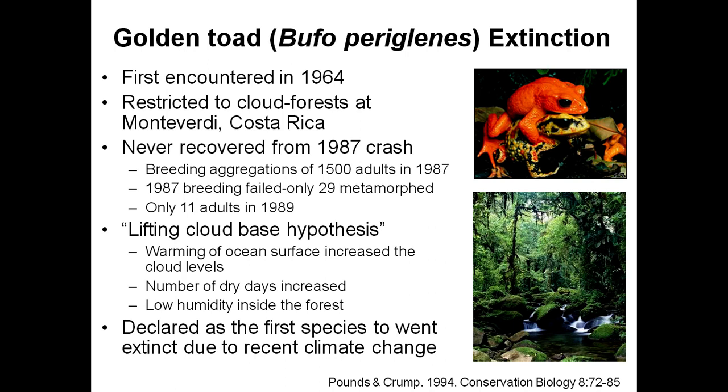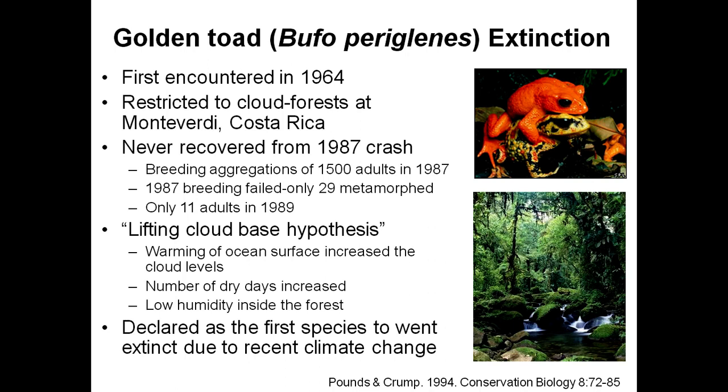And you know that amphibians are very sensitive to humidity conditions, and they cannot survive under extremely low humidity. And this particular toad was adapted to cloud forests where humidity is almost 100%.